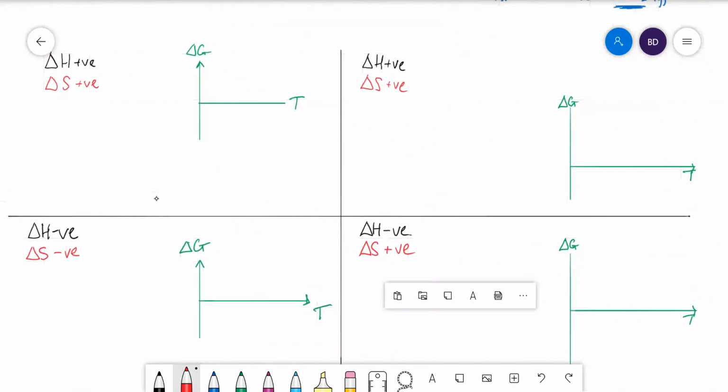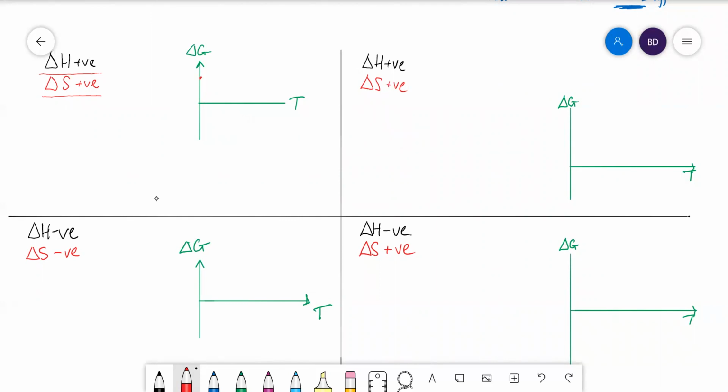Right, let's have a look at, well, this is the one we were just looking at here, wasn't it? An endothermic reaction, delta H positive, and delta S positive, so we've got an increase in entropy in the reaction, but it's endothermic. For that line, our intercept is going to be up there, isn't it?